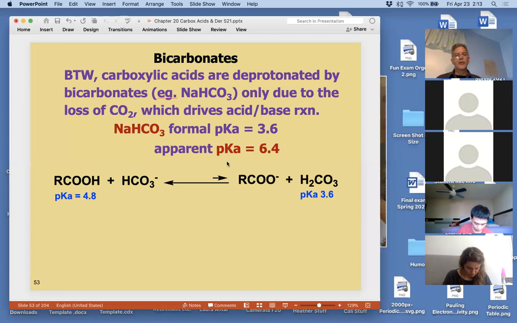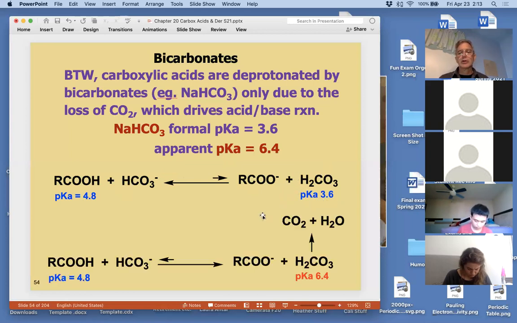Well, in the formal sense, this equilibrium determines the pKa. But that equilibrium has a problem. This carbonic acid has another reaction it can do. This carbonic acid will decompose to carbon dioxide and water, and the carbon dioxide is free to escape.